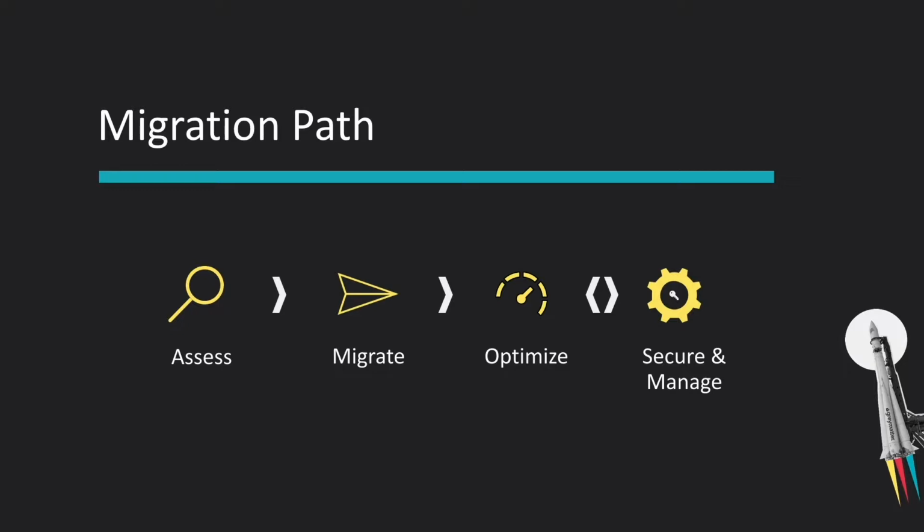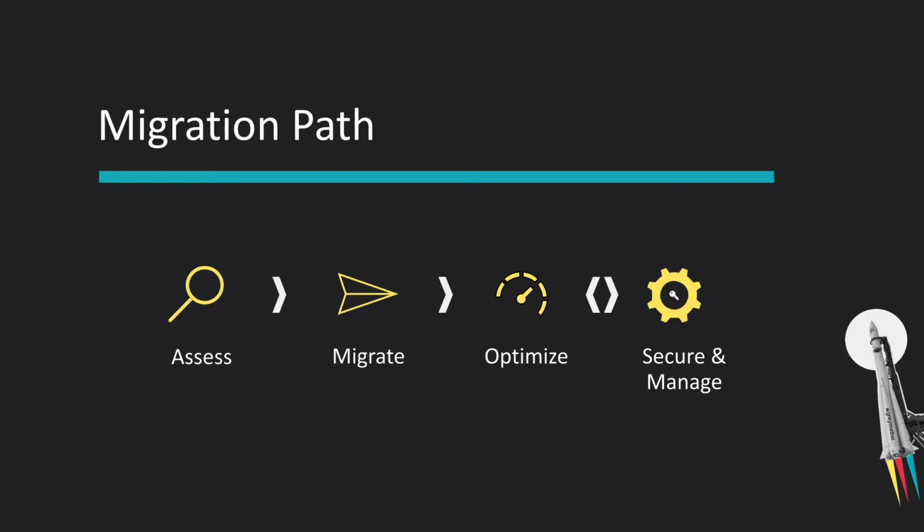How much effort is going to be involved in that migration? Is there going to be any downtime affiliated with migrating to these services? And then what is my plan? What am I going to do first? What am I going to move on to afterwards? So that's the whole assessment piece right there, is thinking about all of those different questions that you need to ask yourself in the first instance.